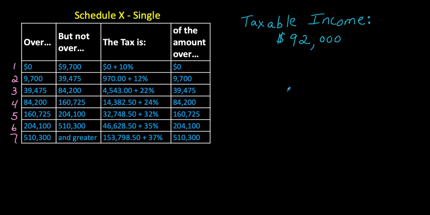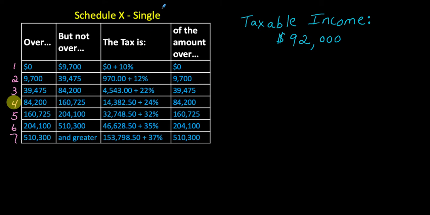So which row do you think it falls in? Hopefully you're thinking row 4, right here. Let's think about this. I highlighted row 4. So $92,000 is over $84,200, but not over $160,725.